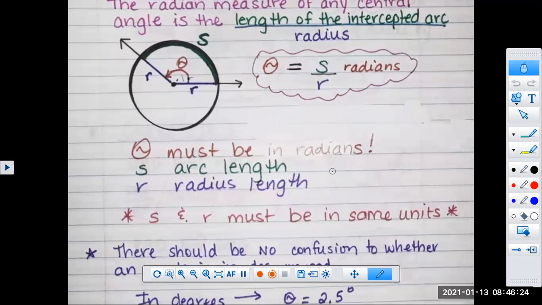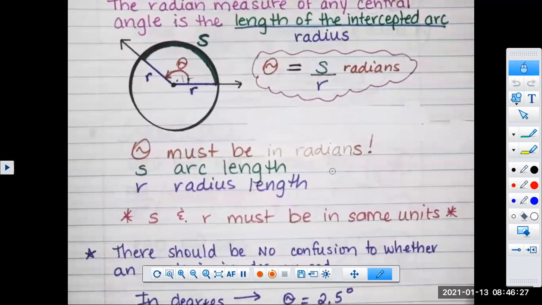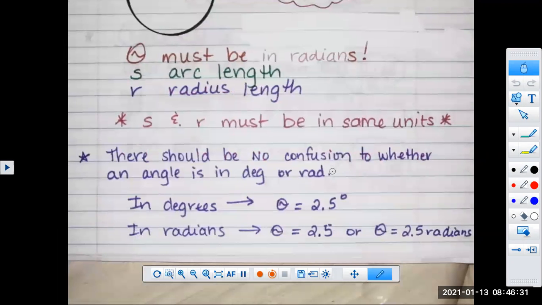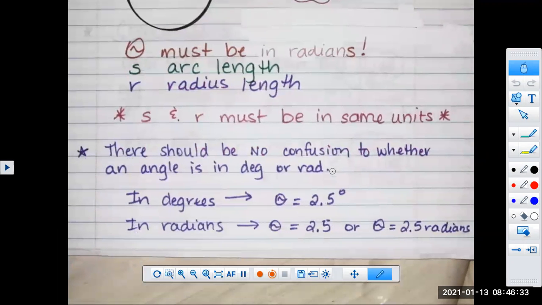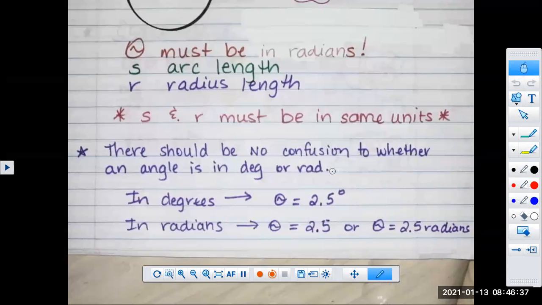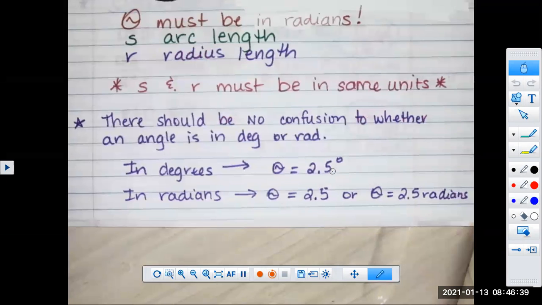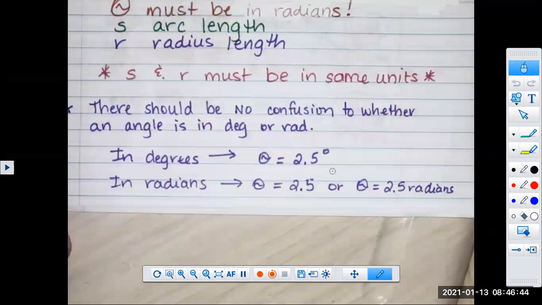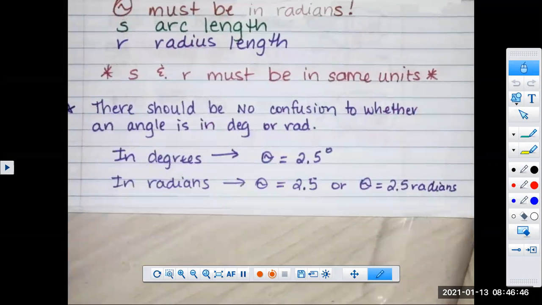You don't even have to write that down unless you want to, or the bottom part here. I'm just showing you, for example, what an angle in degrees, which you're very familiar with, versus what an angle in radians looks like. There shouldn't be any confusion of whether an angle is in degrees or radians. So this is how you'll see it in math.